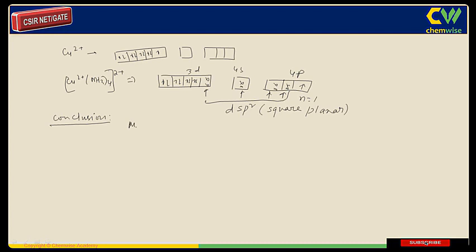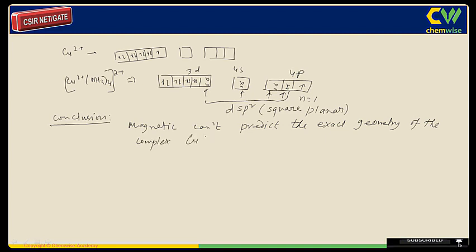So for this complex, magnetic moment cannot predict the exact geometry.